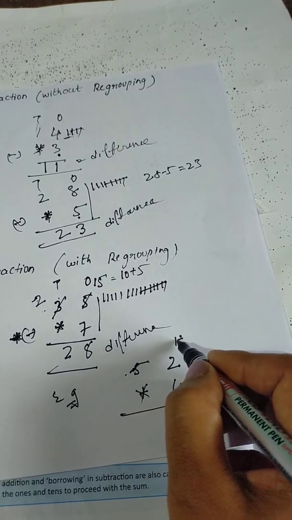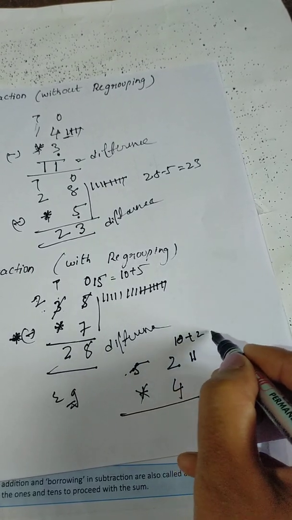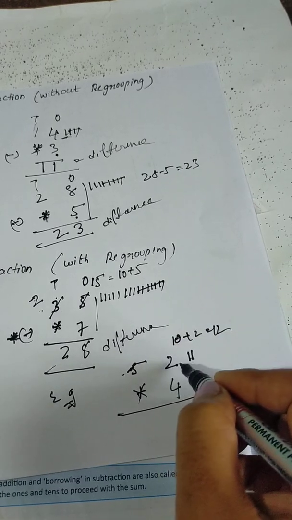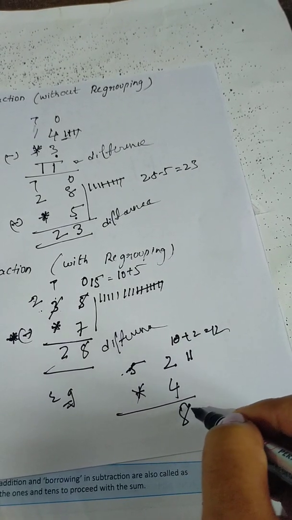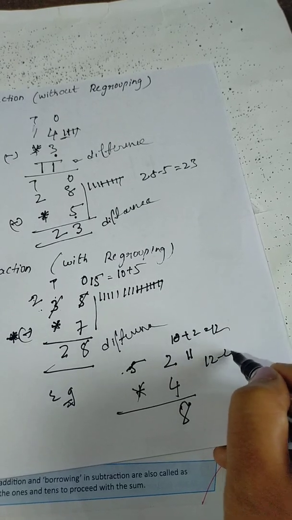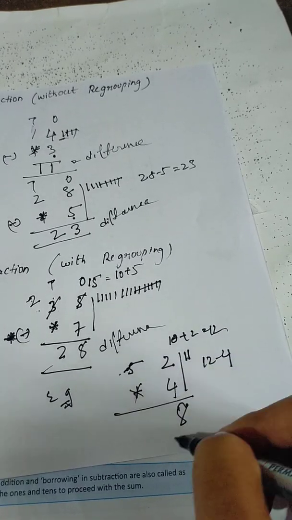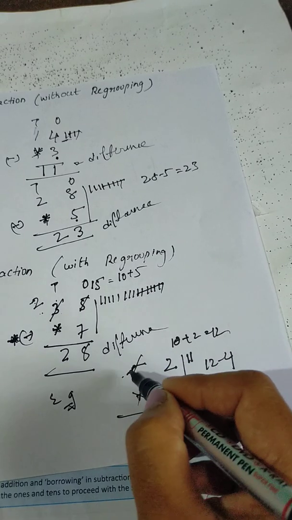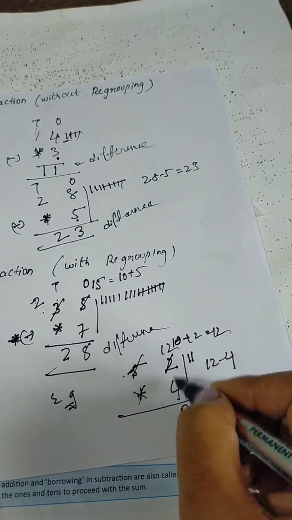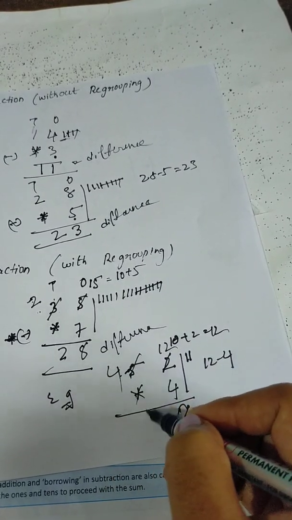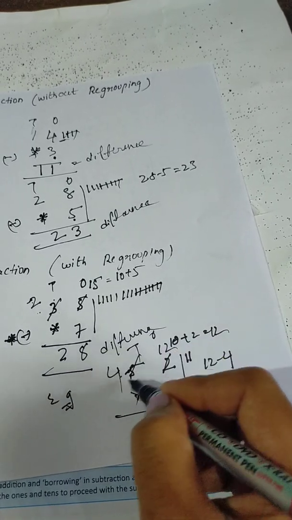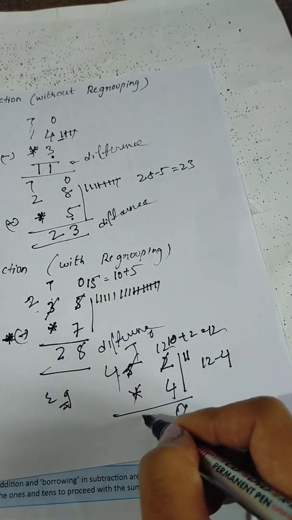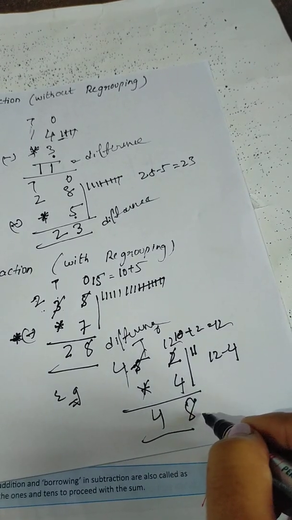So 1 plus 10 plus 2, 12. So it becomes 12. 12 minus 4, 8. Cross out the 12, cross out the 4. 1 has already gone to the ones place. So the answer is 48.